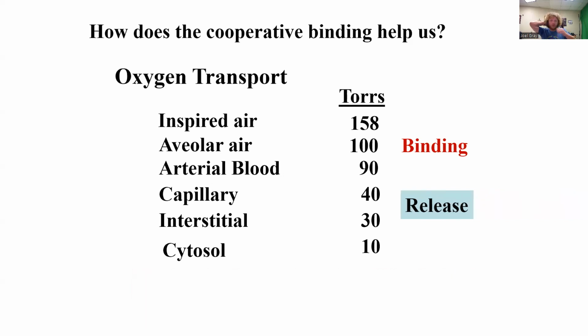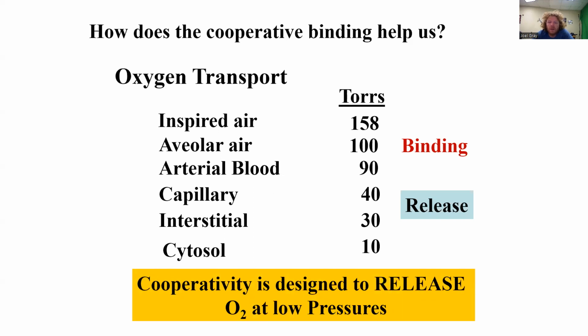We're going to see release of our O2 when we're in the capillaries, and then ultimately it's going to be pretty much completely released when we're in the cytosol. So cooperativity is designed to release O2 at very low pressures. Those pressures are generally going to be lower to or comparable to our P50s.